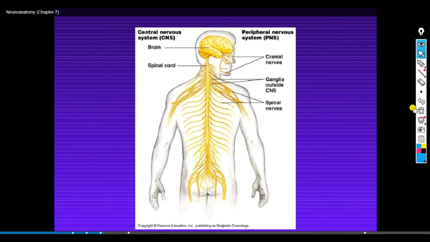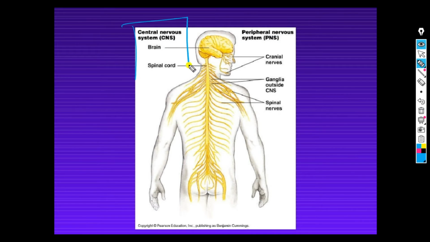The peripheral nervous system includes the cranial nerves, the ganglia, and the spinal nerves. You can see here the spinal nerves, which innervate all the body, and are outside the central nervous system.